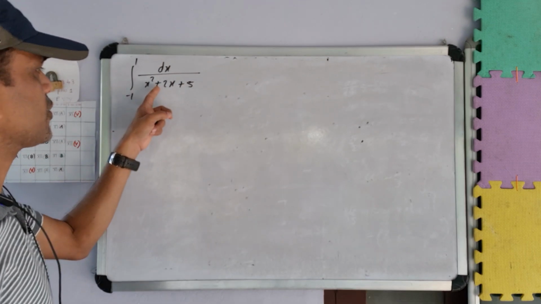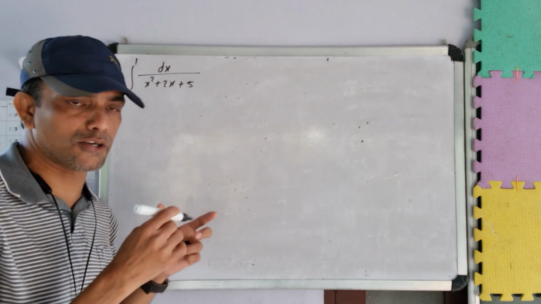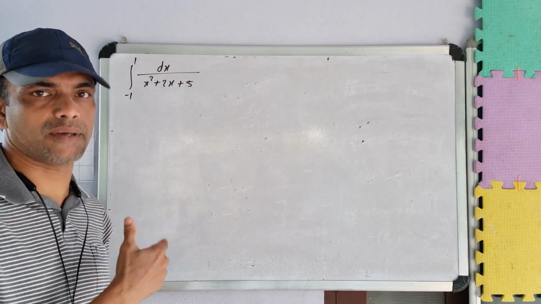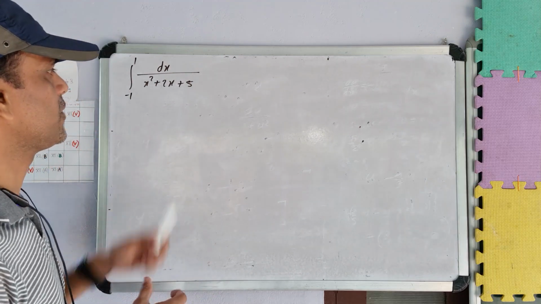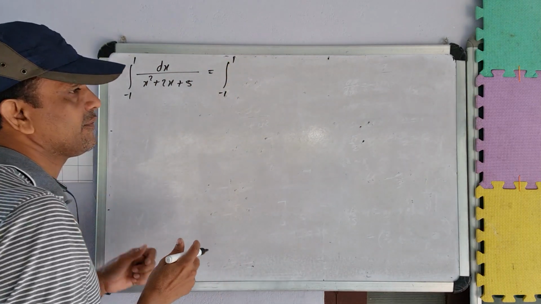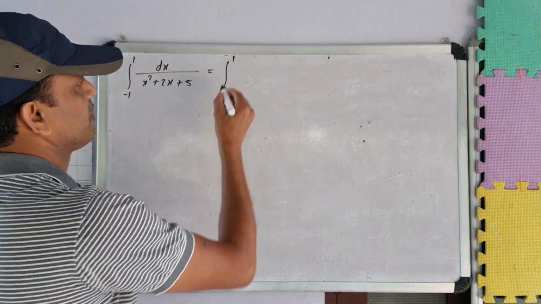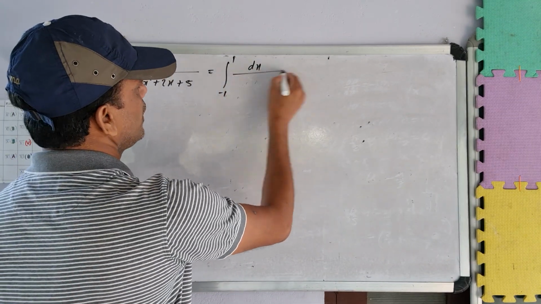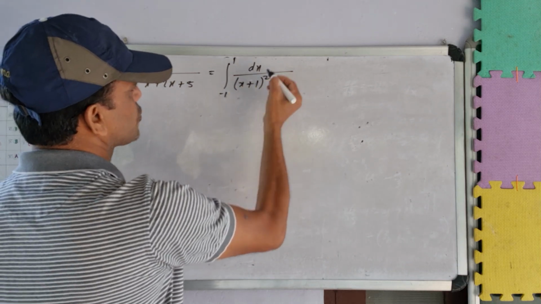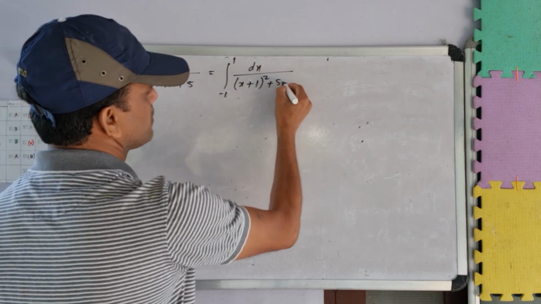We discussed the integration of this function in the case of integration of some particular functions. So this is a particular function where, for the integral negative 1 to 1, we have a direct method to integrate this one: dx over (x plus 1) squared plus 5 minus 1.